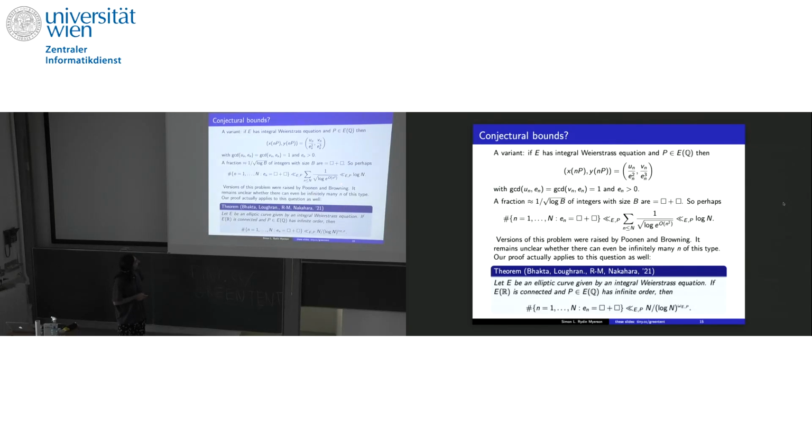Right. So as far as we know, it's not even known whether there's an example of an elliptic curve such that this set is actually infinite, or an elliptic curve and a point such that this set is actually infinite. So it ought to grow very slowly with the height, and it's unclear whether it actually goes to infinity at all.